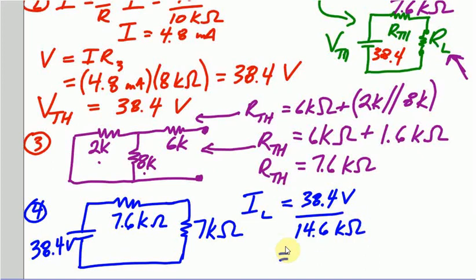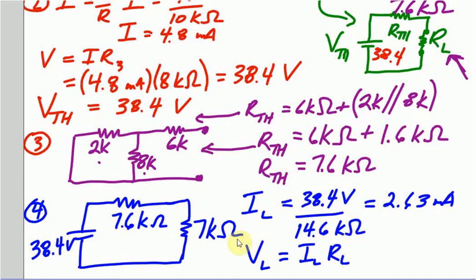Grab your calculator. 38.4 divided by 14.6 gives you 2.63 milliamps. So that's the load current. That's the current going through the load. I could figure out the voltage across the load if I take that load current and times it by the resistance of the load.